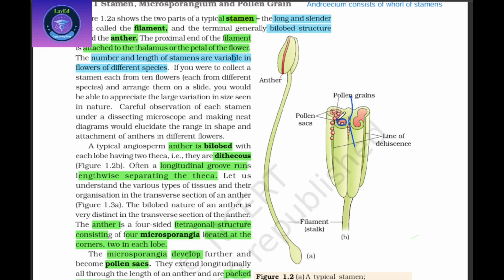This is one, this is the other. Now it's important that because each lobe consists of two cup-like structures, hence what will the characteristic be? That they are dithecous too. Now wait, I'll change the color.